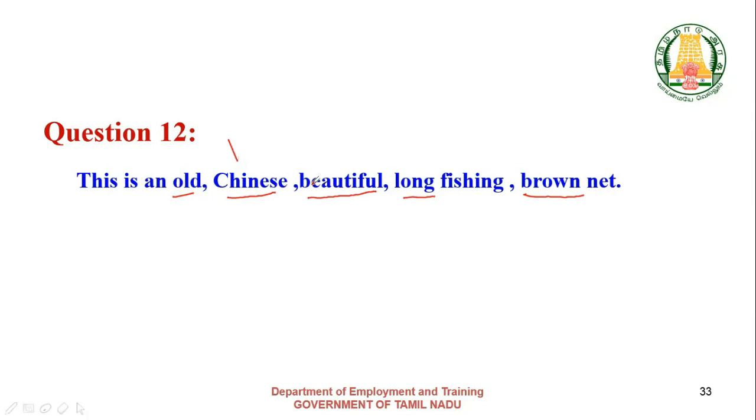First one, Chinese. Second one, old. Third one, beautiful. Then long, fishing, brown, net. So we have to rearrange the adjectives in this order. Let me read the sentence with the correct structure. We should remove an, just put a. This is a China's old, beautiful, long fishing brown net. This is the correct formation of the sentence.